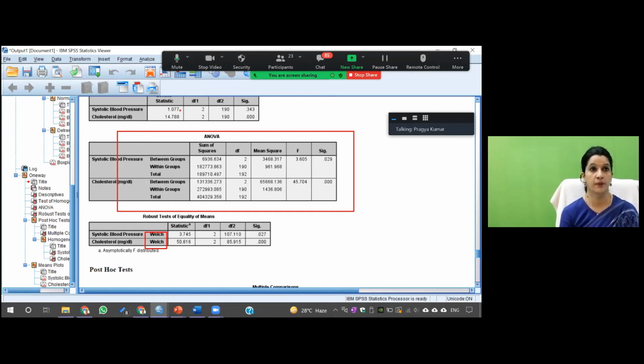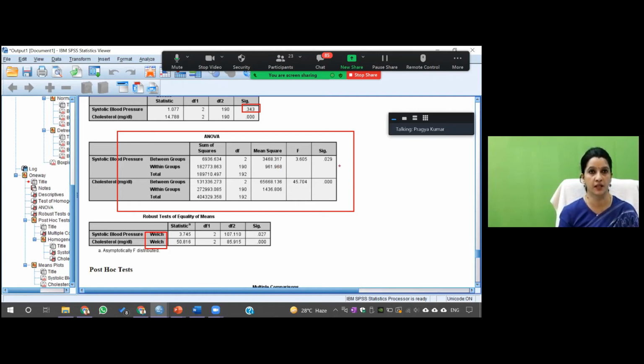For systolic blood pressure, you can see it is not significant. Not significant means I will take the standard ANOVA value, this degree of freedom and this F statistic, 3.6.